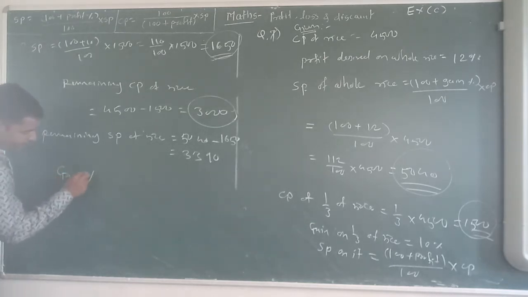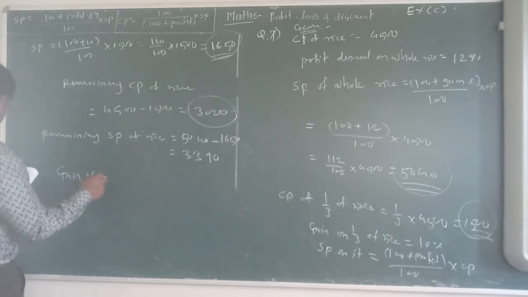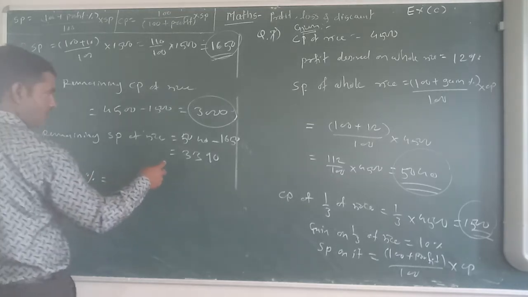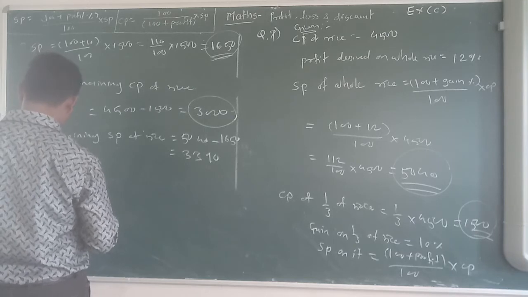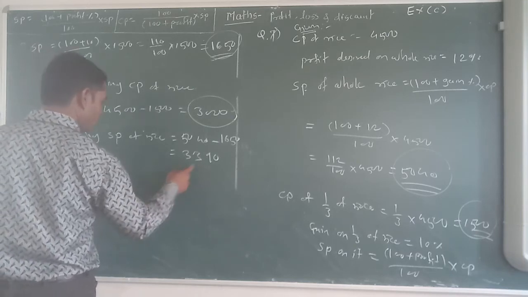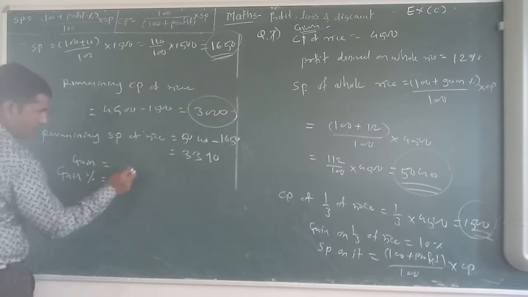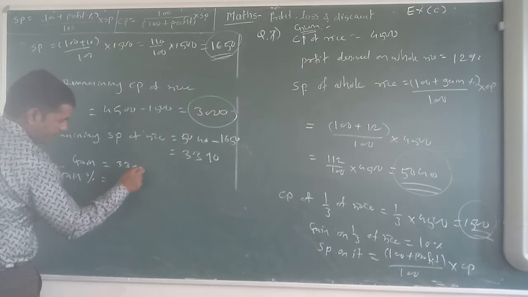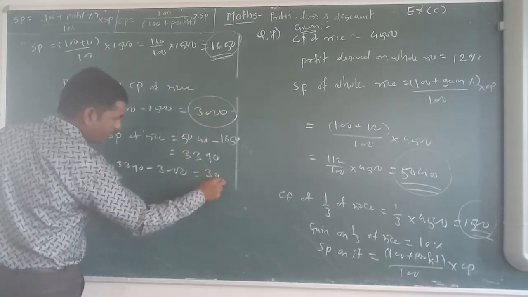What we have to find: gain percentage. Gain percentage is equal to gain upon CP. SP is 3390, and we have to find the profit also, or gain. Gain is how much? Gain is equal to 3390 minus 3000, so which will be the 390.